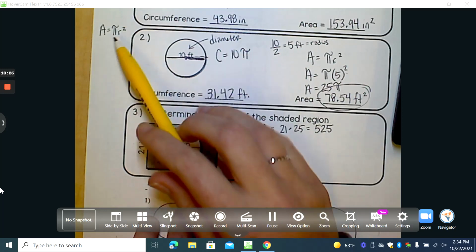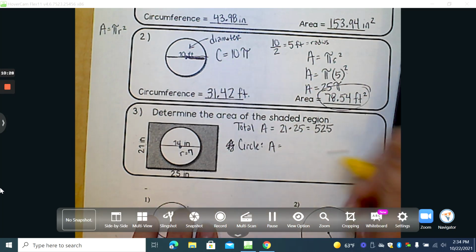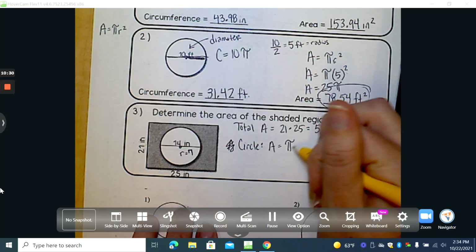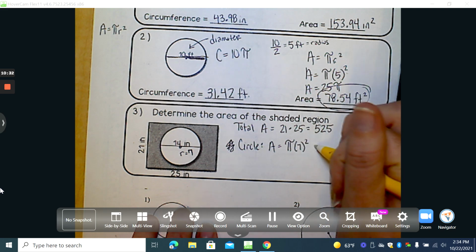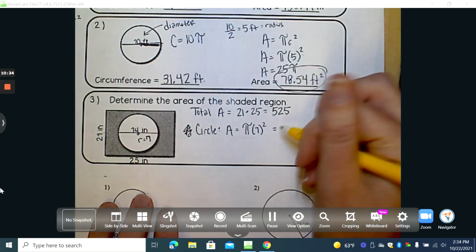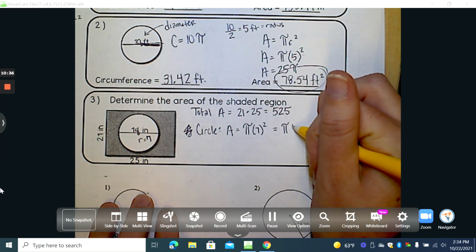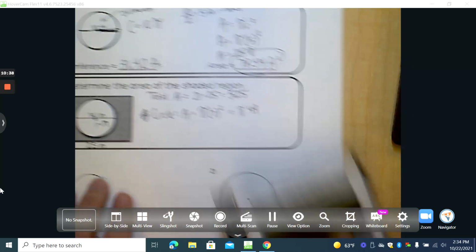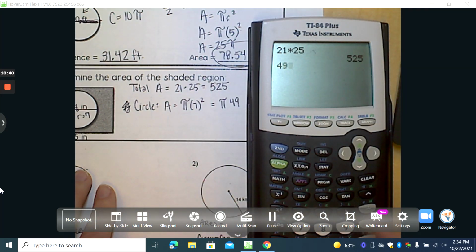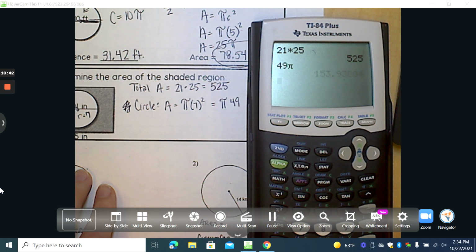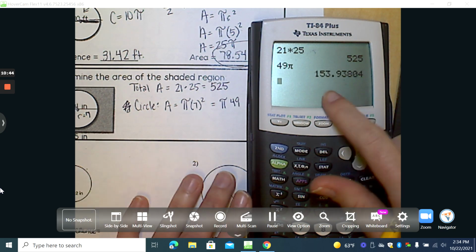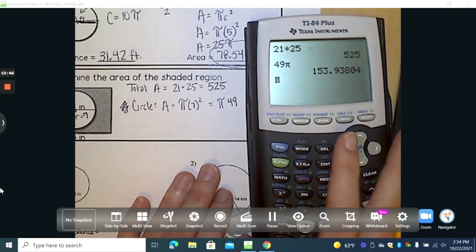So we're going to use 7 as my radius. So pi times 7 squared, or in other words, pi times 49, or 49 pi, really doesn't matter. 49 times pi is 153.94.